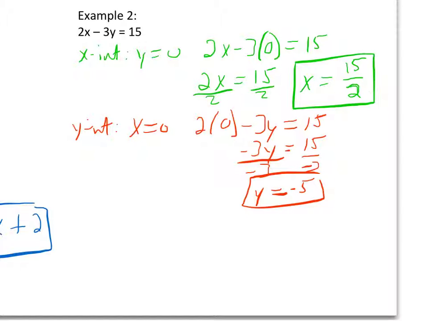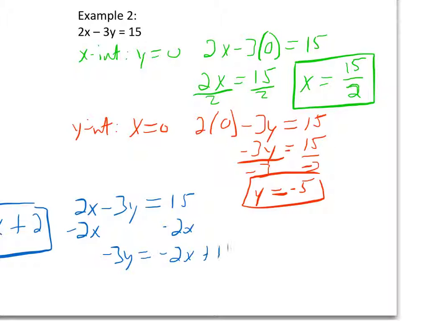And to finish, we'll solve for y. So we have 2x minus 3y equals 15. Subtract 2x because we want to get y by itself. And you have negative 3y equals, and since it's mx plus b form, we'll write the x term first. Divide both sides by negative 3.